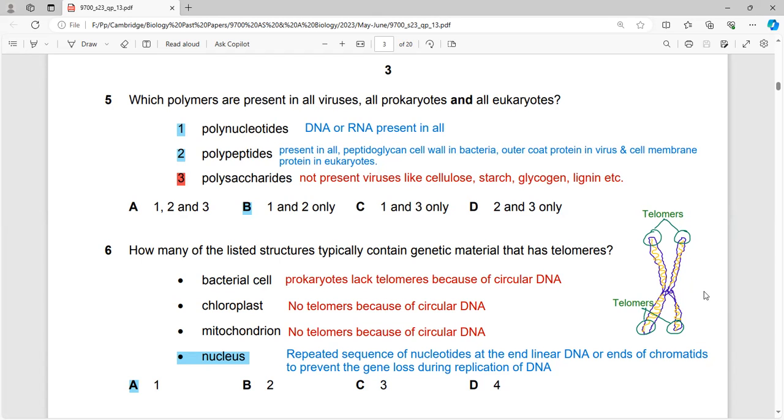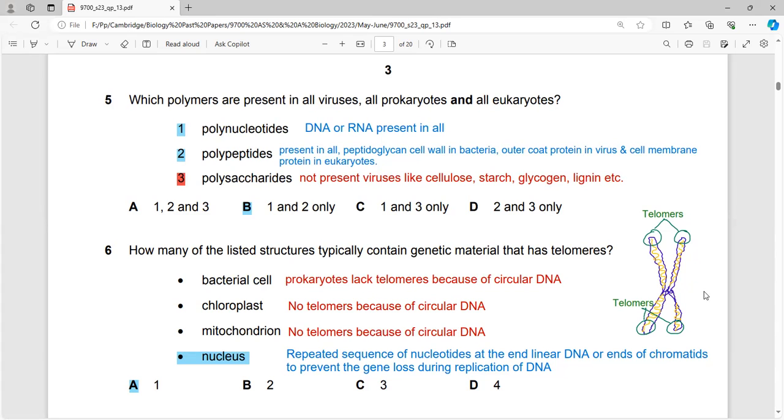What about protein in the form of polypeptide? That's present in all. Viruses have an outer coat made up of protein, and bacteria contain a peptidoglycan cell wall. In a eukaryotic cell, protein is present embedded in the cell membrane in the form of enzymes and many other parts. So that's why this is present in all.